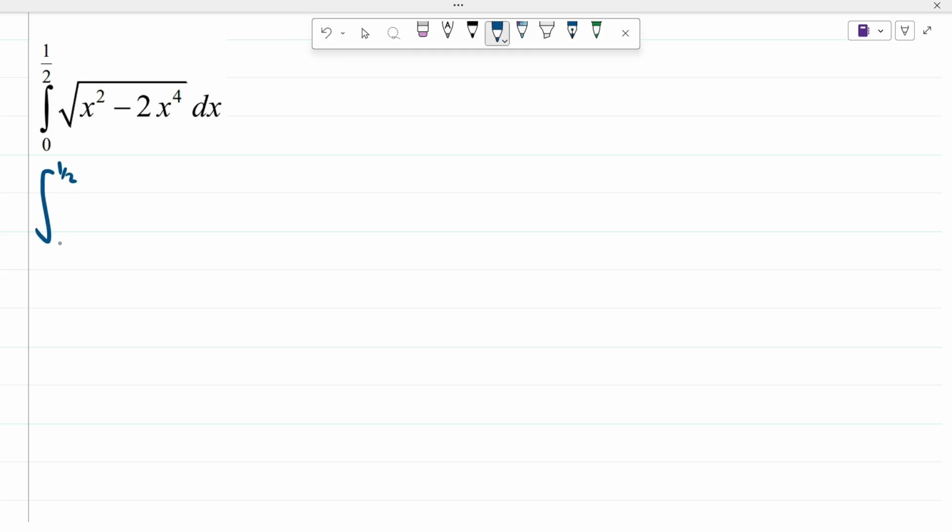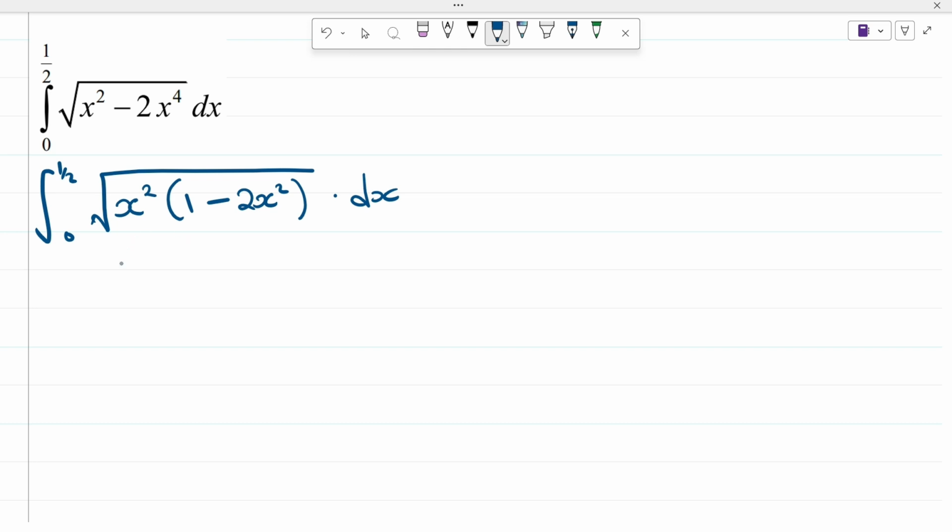So this is going to be integral from 0 to 1 over 2. We're going to take x squared as the common factor inside the root. So this is going to be x squared into 1 minus 2x squared, and then the x there.